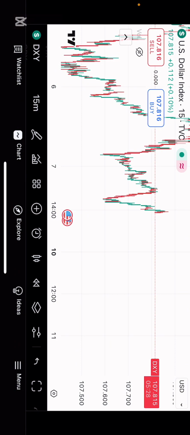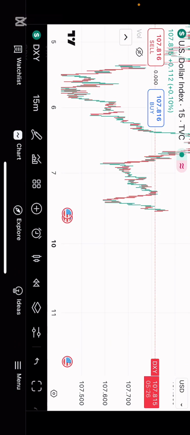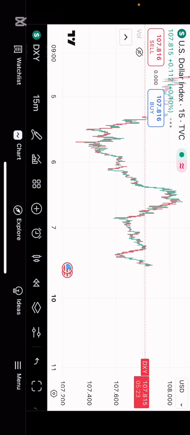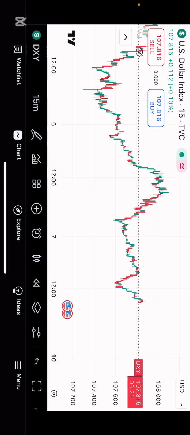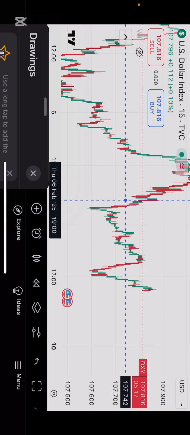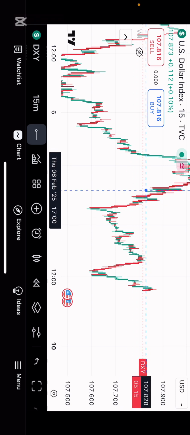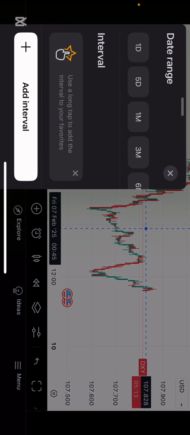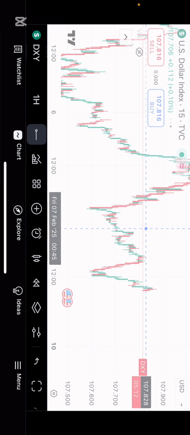Everything that ends with USD has to buy. Right now I'm analyzing DAX. After DAX, I'm going to look at USD JPY to get my confirmation and be like, yeah, I'm selling this. So we want to sell off that zone.